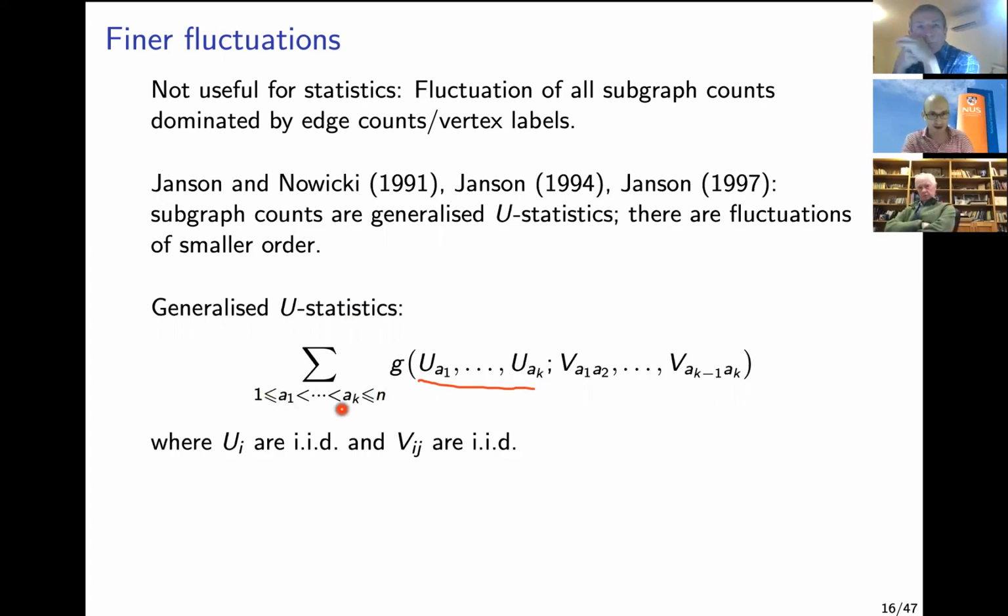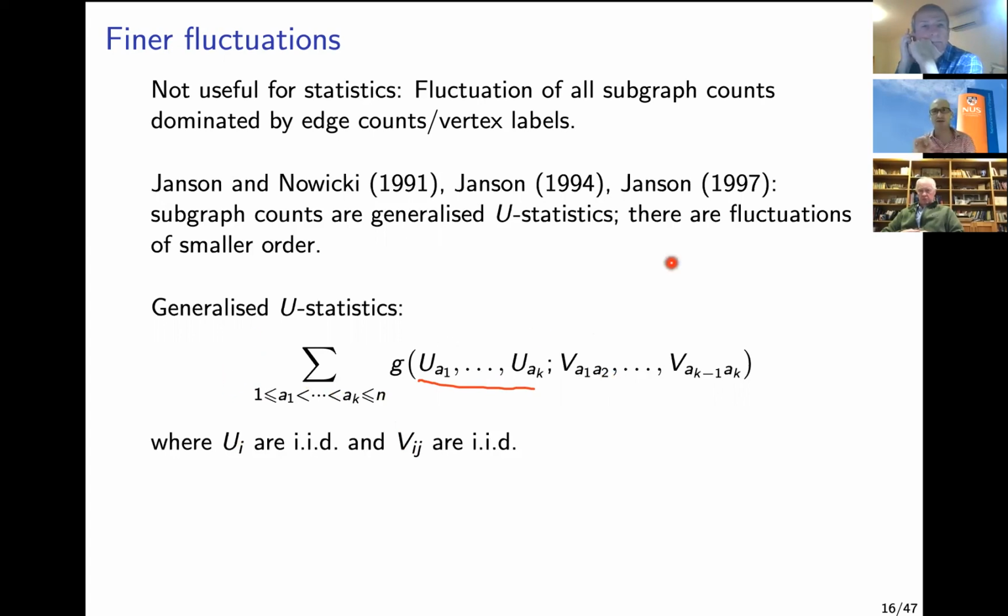You will recognize that as a U statistic, but a generalized U statistic on top of that can also depend on more random variables, in the sense that we can add a random variable for each pair of these indices, where the V_ij are also IID, but can have a different distribution than U_i. So these are generalized U statistics.